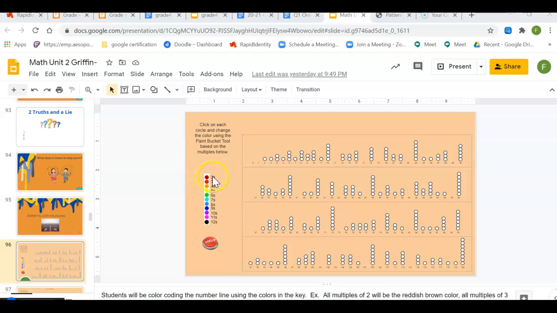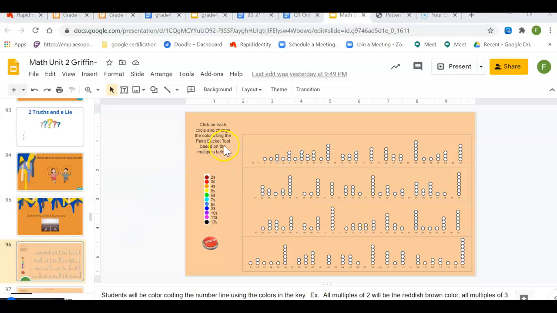So all multiples of 2 over here will be color coded with the reddish brown color right here. All multiples of 3 over on the number line will be color coded with the red, and so forth with the rest of the multiple numbers.